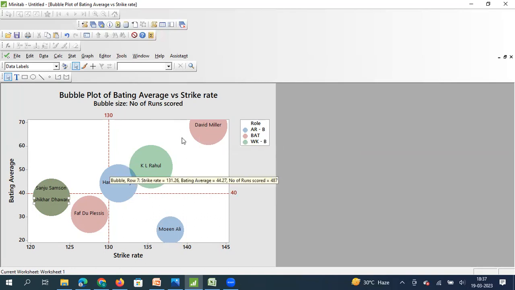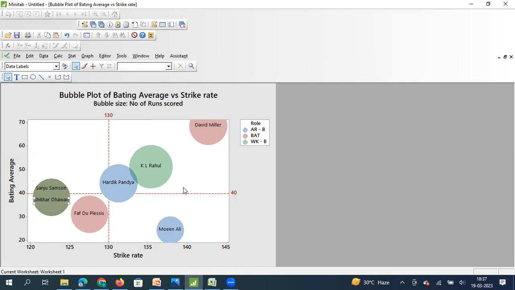Why? Even though all three of them fall in the top quadrant, David Miller is a pure play batsman. He has performed well. But if I invest in KL Rahul or Hardik Pandya as utility players, they give good results in terms of their batting, but they can also be utilized in other dimensions of cricket.